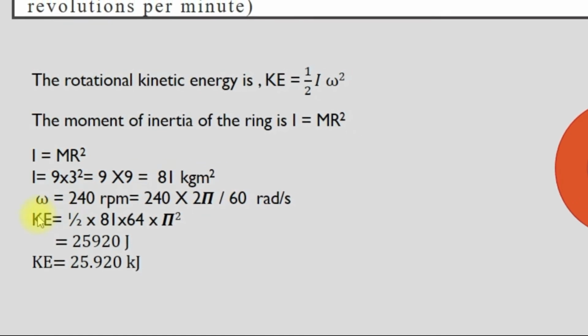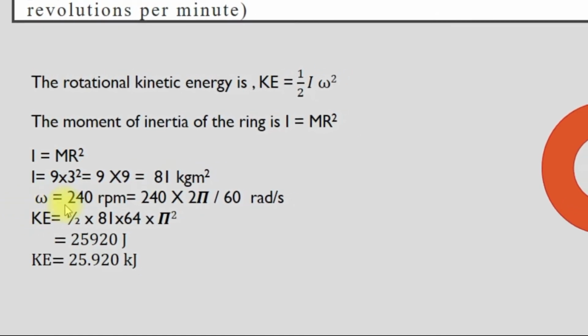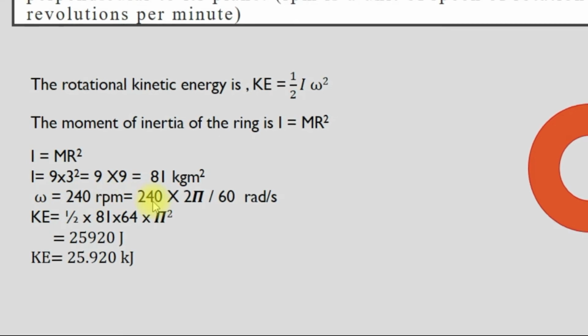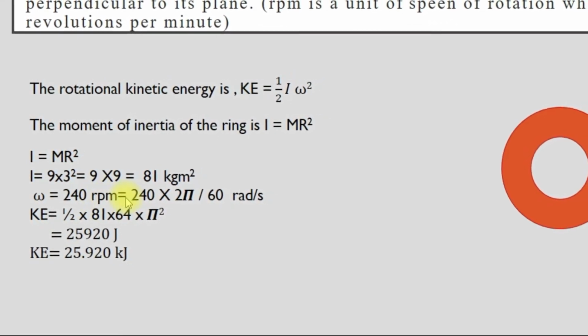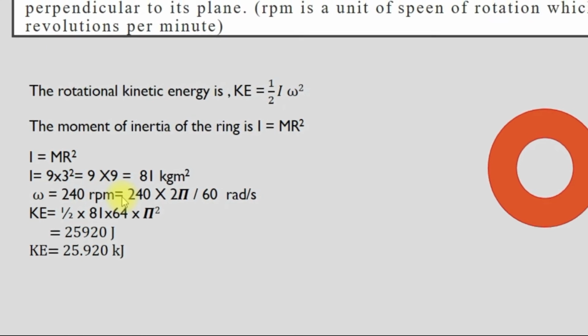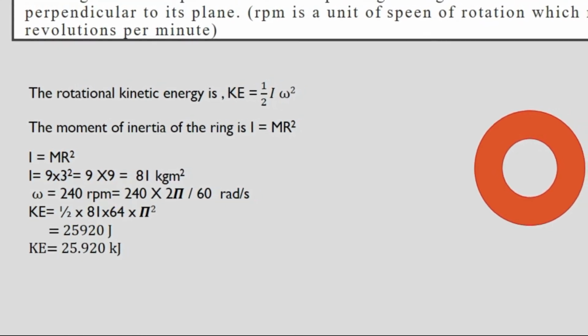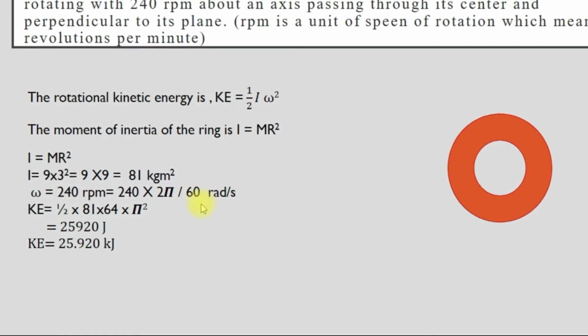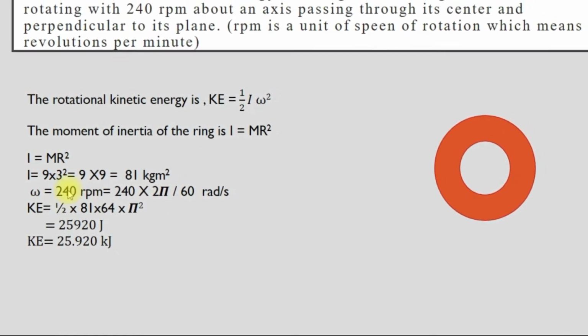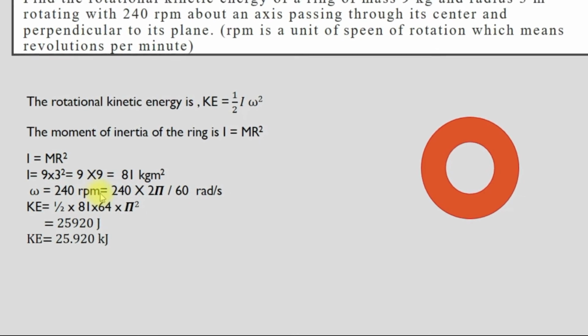Now we need to find the angular velocity, which is given in the unit of RPM, revolution per minute. So this is for per minute. We know that any unit for time should be per second. So from minute to second we have to divide it by 60. This is the rotation for 1 minute.